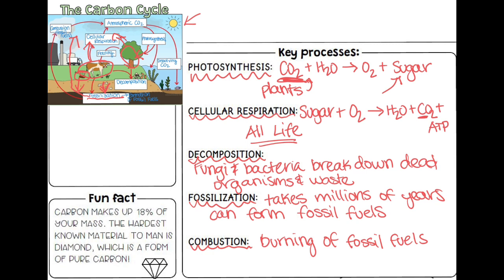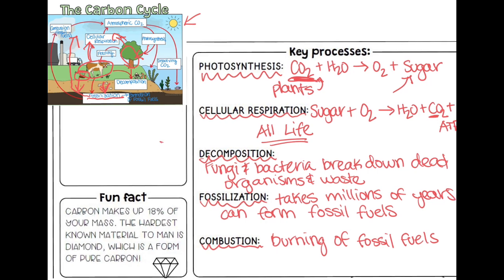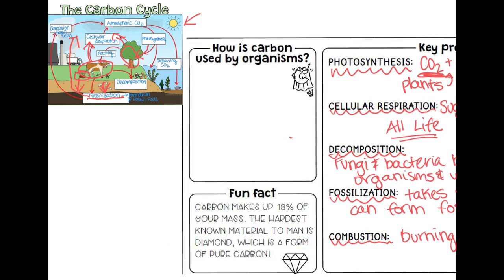All right, so now let's take a look at some of these facts. How is carbon used by organisms? So carbon is known as the element of life. Okay, it forms stable bonds and makes up the backbone of lots of macromolecules.